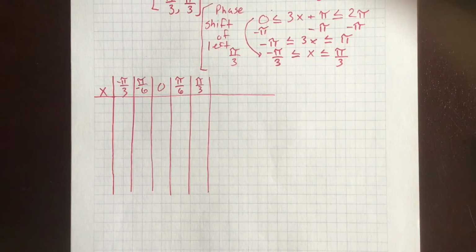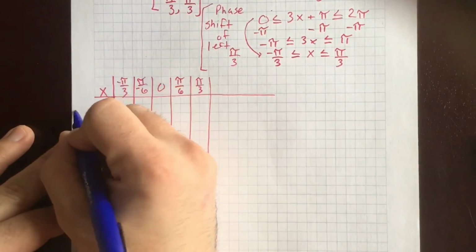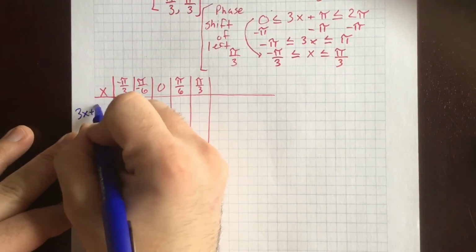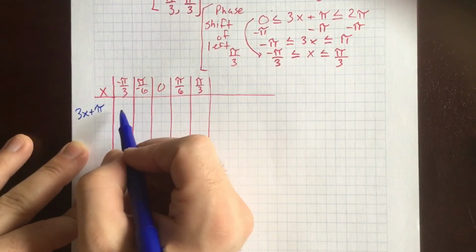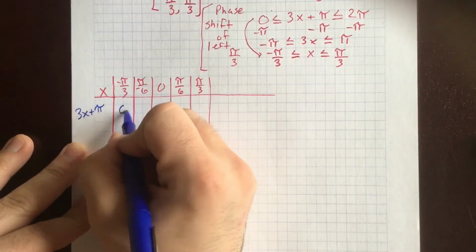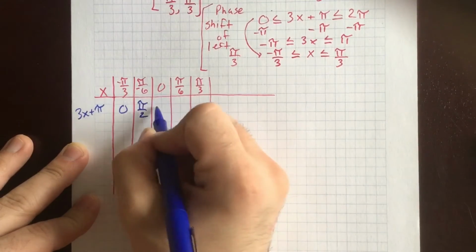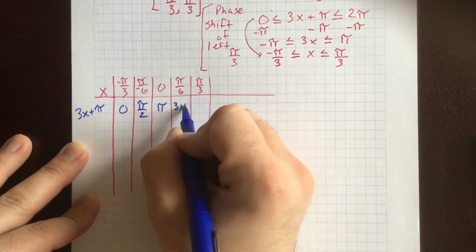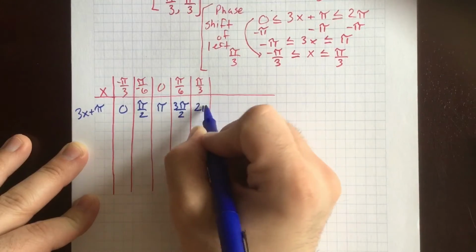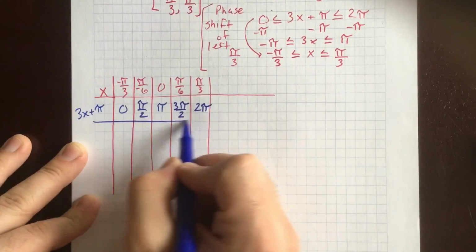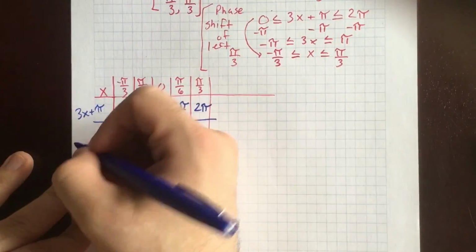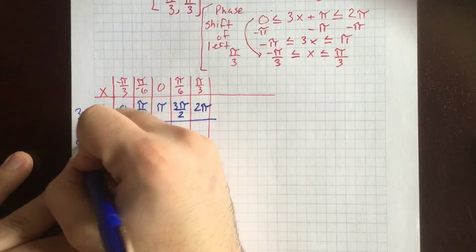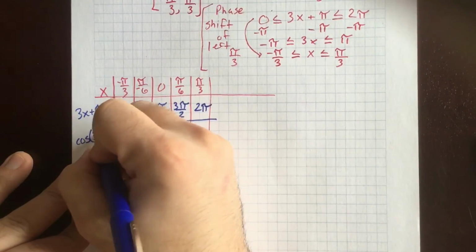Then our next row would be 3x plus pi: 0, pi over 2, pi, 3 pi over 2, and 2 pi, followed by cosine of this value.